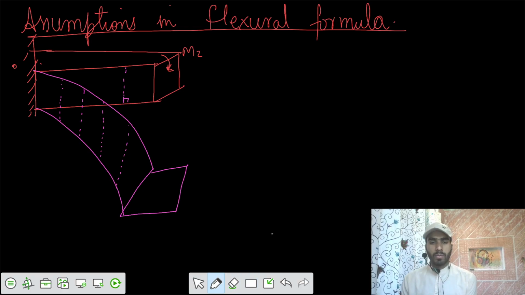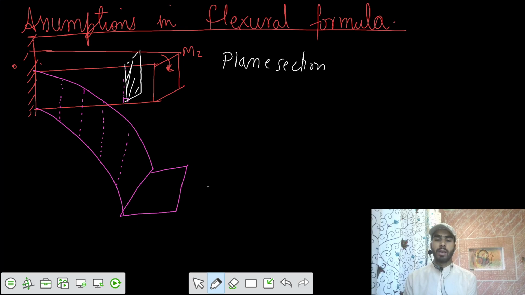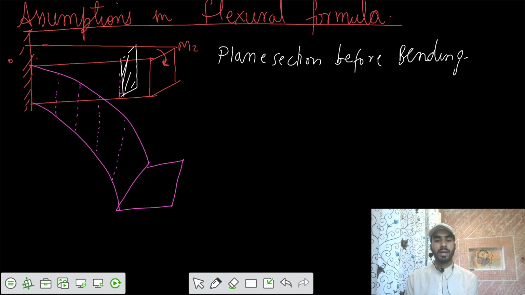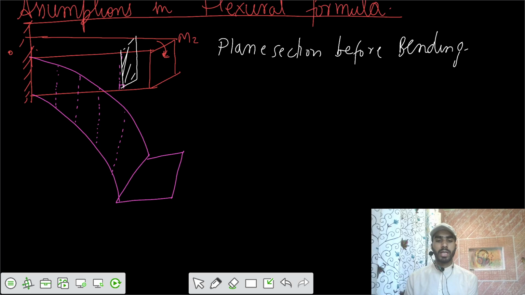From the vertical reference, if you take any section, this was a plane section, but it was before bending. Before the bending moment was applied, this was a plane section before bending. Now, after it has bent, what should the section look like?